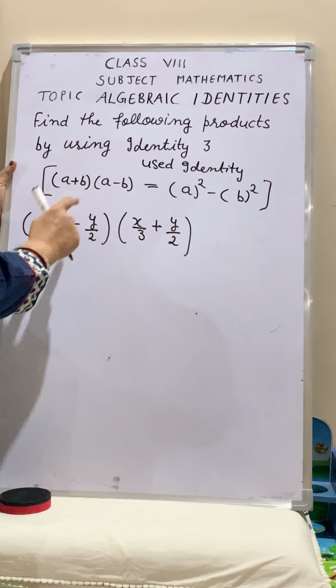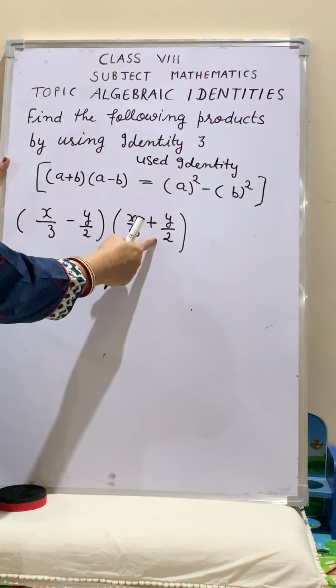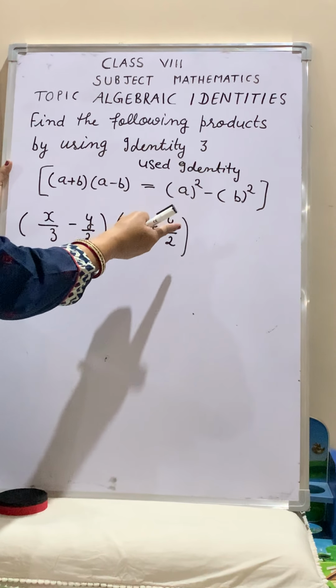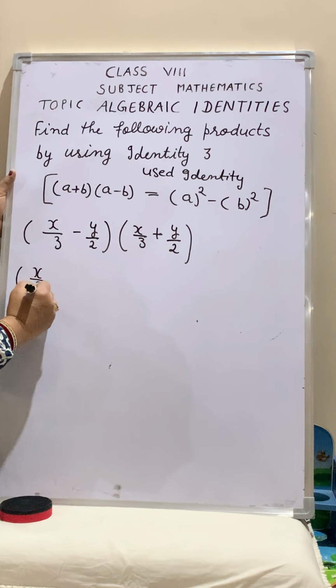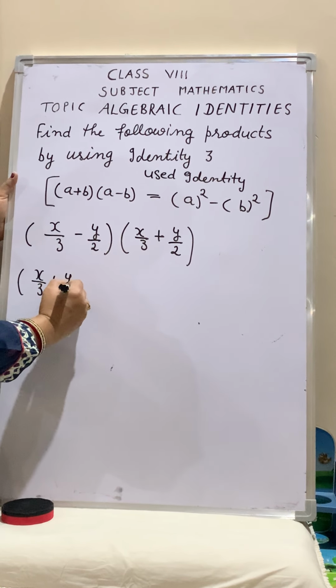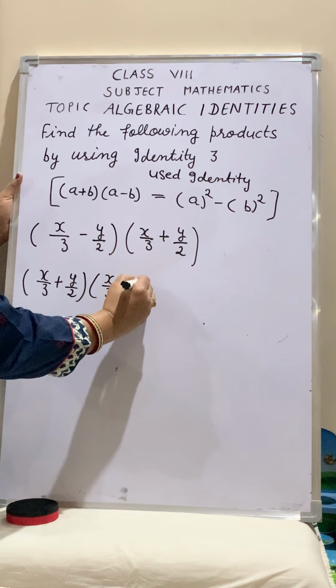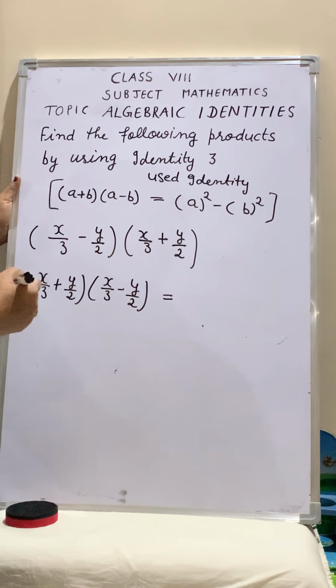So no difference between these two and these two. You can write this binomial first and this binomial second: x by 3 plus y by 2, x by 3 minus y by 2, is equal to, what is the first?